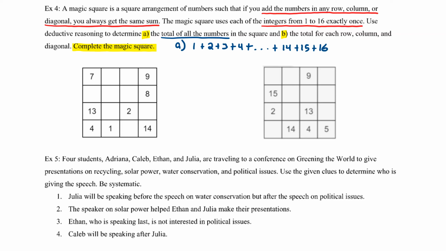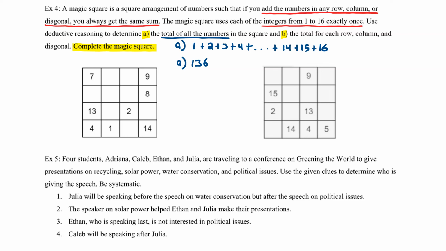So we're going to add all of those together. 1, 2, 3, 4, 5, 6, and so on. So once we add all of those together, we find that the total all together in that entire square is going to equal 136. So we have that piece figured out.